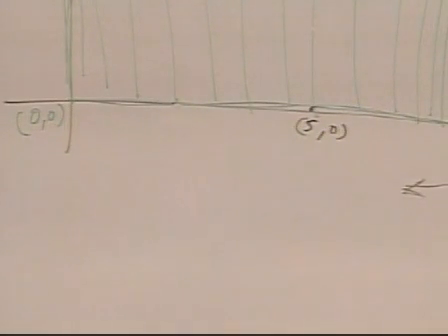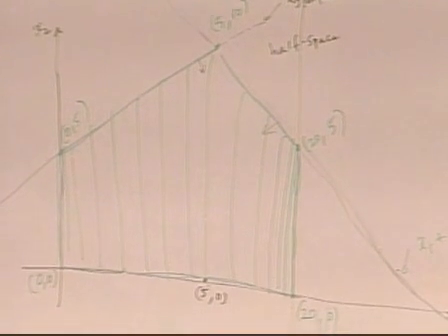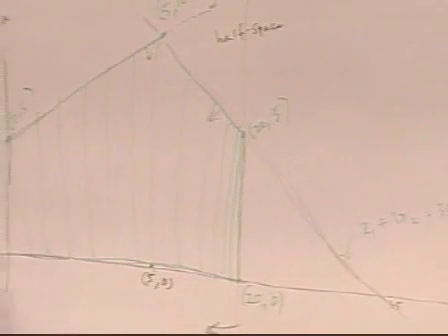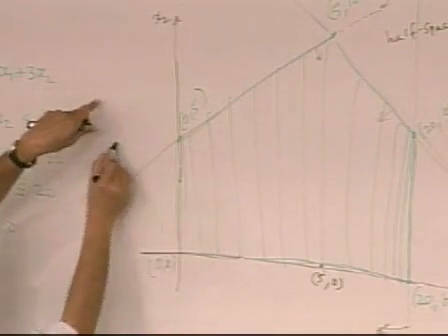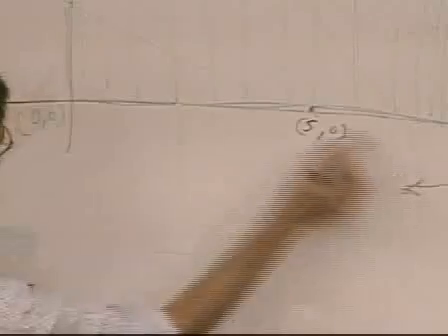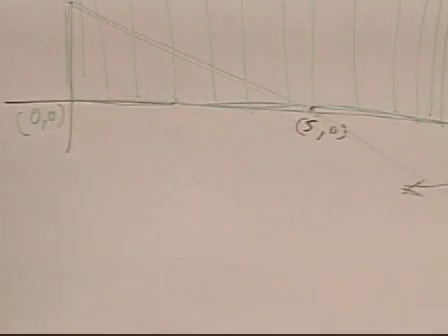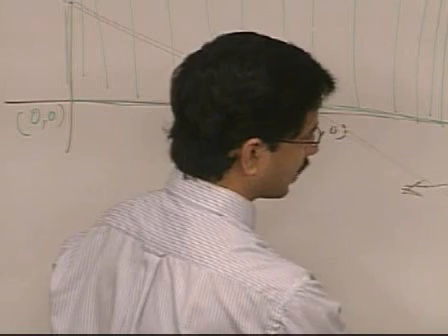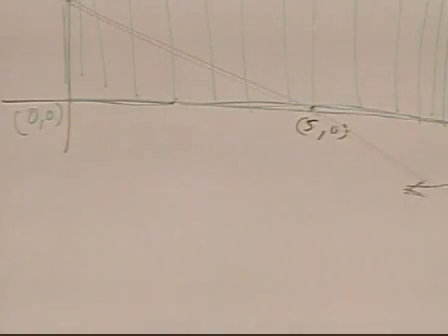And then what about when x1 is 0? x2 is 3 and a third. So that's, I guess, somewhere here. So you get a line like that. Okay. So this is the line z equals 10. And I'm using z to indicate the objective function.